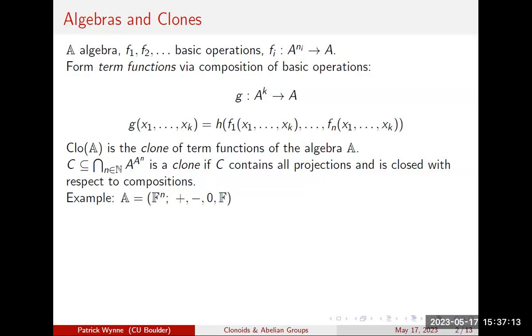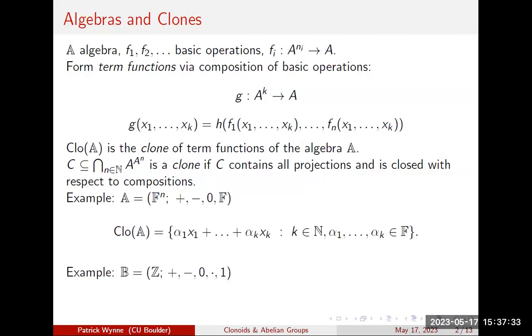Then what is the term clone? These are all of the functions that we can form from the basic operations: addition, negation, the zero vector, and unary scalar multiplication. So the term clone, of course, is just all of the linear combinations we can form from these basic operations.